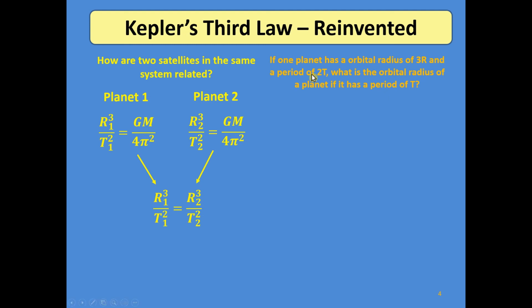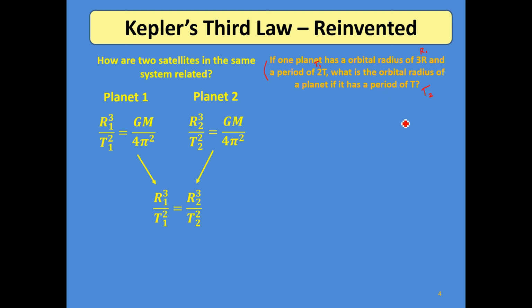In the orange over here, you can see a question that you might actually encounter on an exam. It says: if one planet has an orbital radius of 3r and a period of 2T, call this radius number 1 and period number 1, what is the orbital radius of a planet that has a period of T? So this would be my T2.